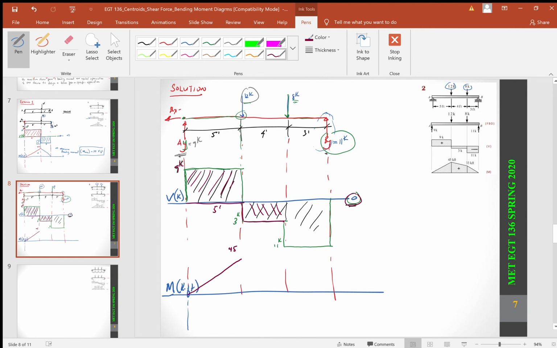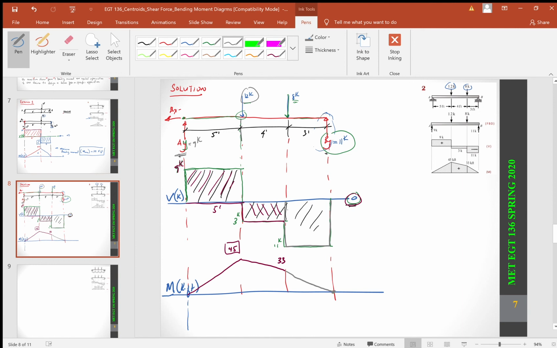Okay, and we subtract that from 45, right? That gives us 33. This is 33 right here. Now this geometric shape here is 11 by 3. Okay, 11 by 3 is 33, and that brings us back to 0.